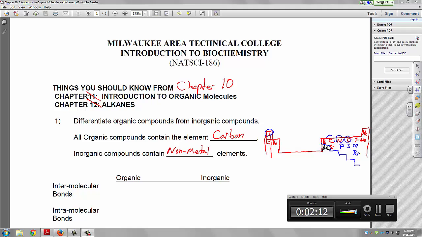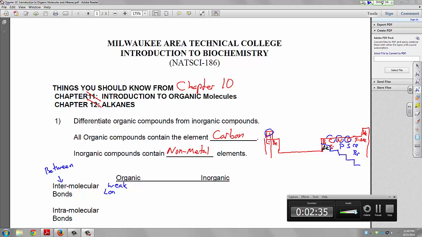In organic compounds, the intermolecular bonds, we can say they're weak. Inter means between molecules.